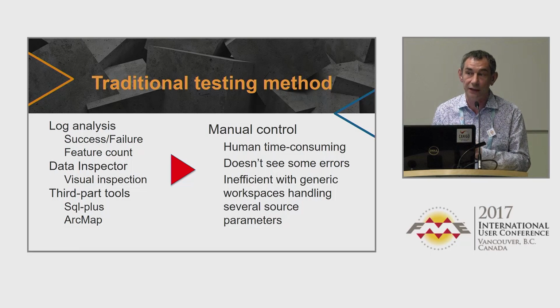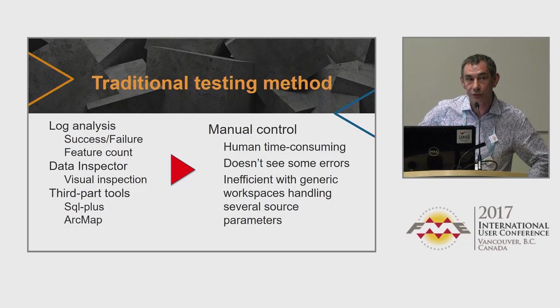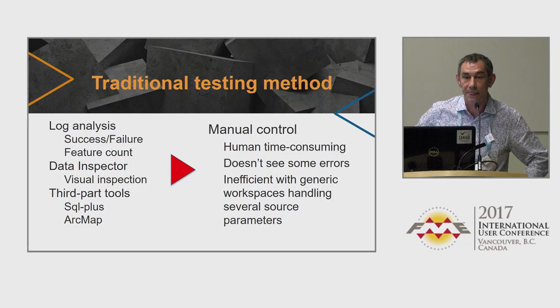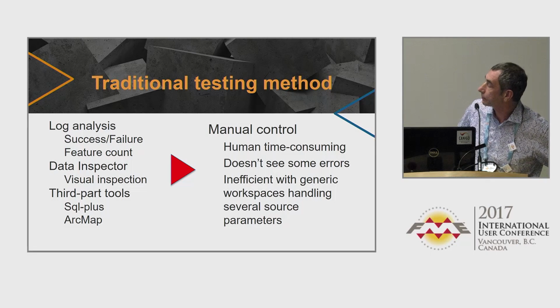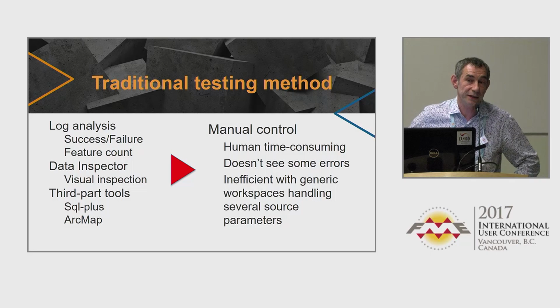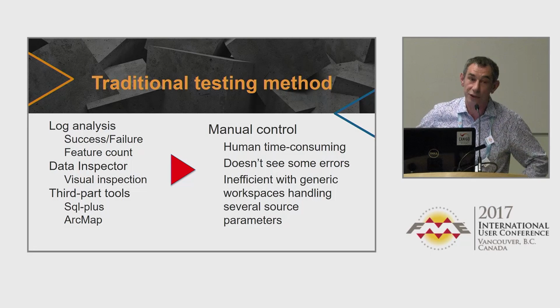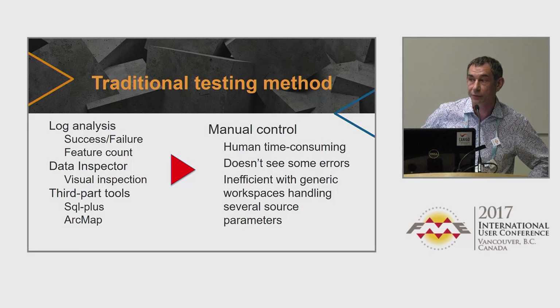simply in a log file analysis and a visual inspection of the resulting data set with Data Inspector or other tools. But all of it is manual jobs that can be very human time consuming.